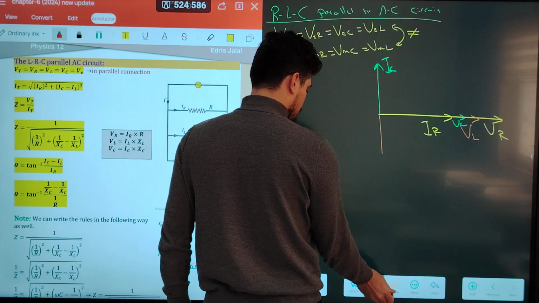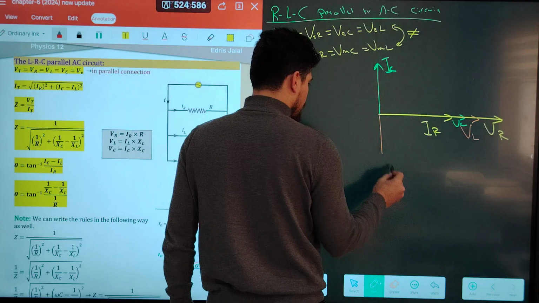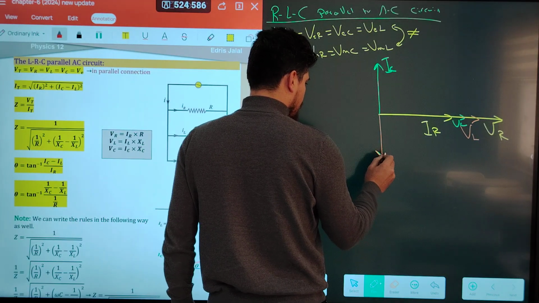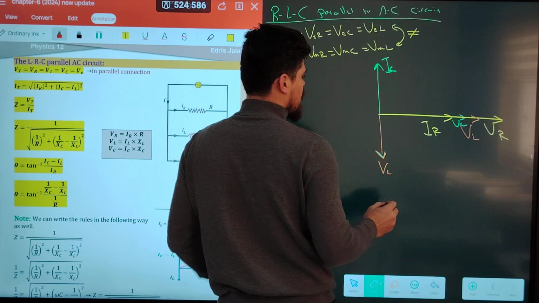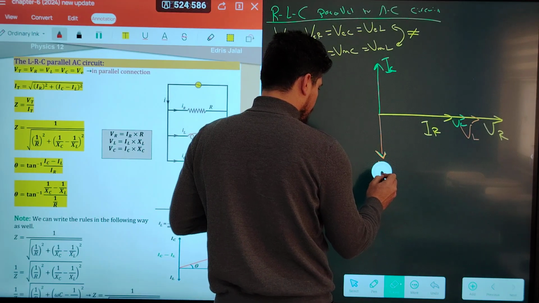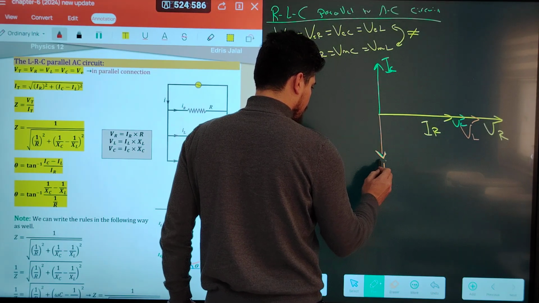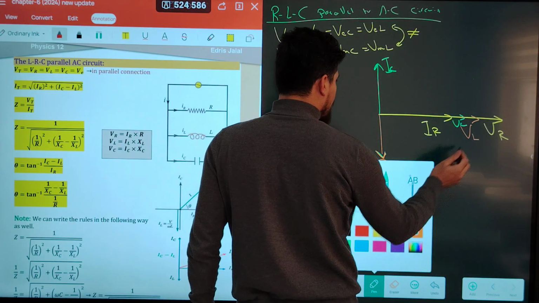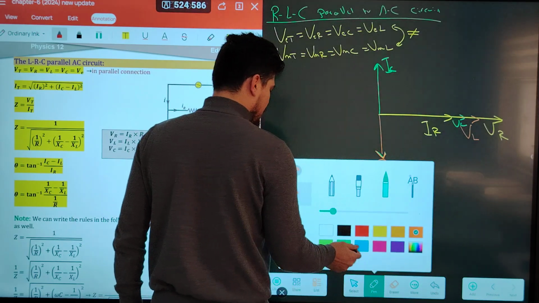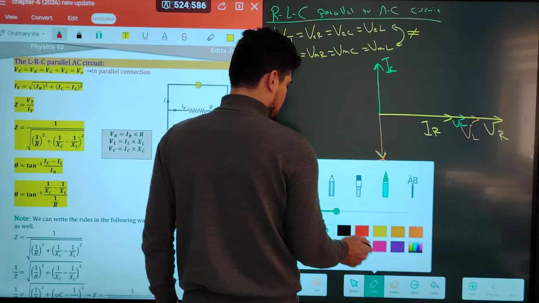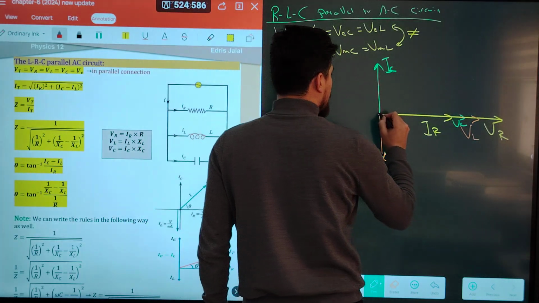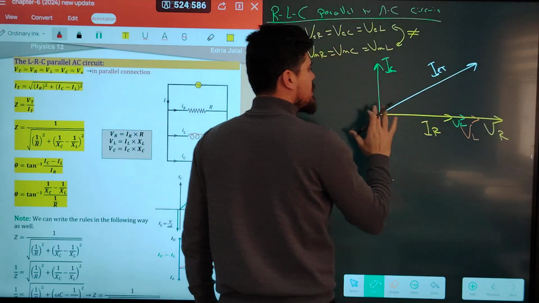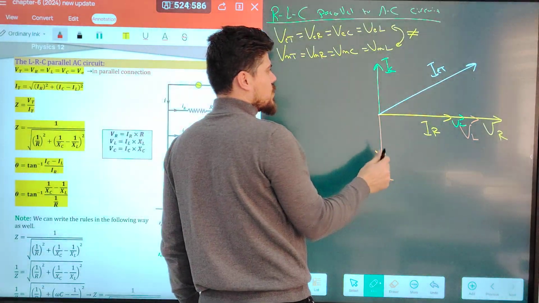So this is VL, okay? This is IL. Okay? The values of the potential difference are equal in parallel connection to AC circuit, okay? Now we have to find IE total. By using Pythagorean theorem, IE total is equal to what?